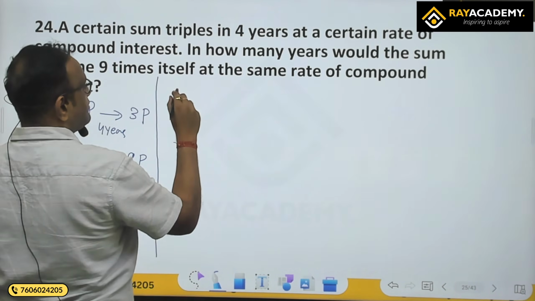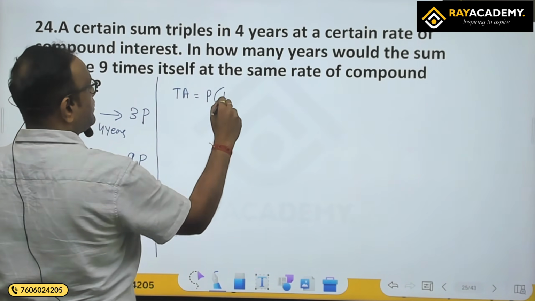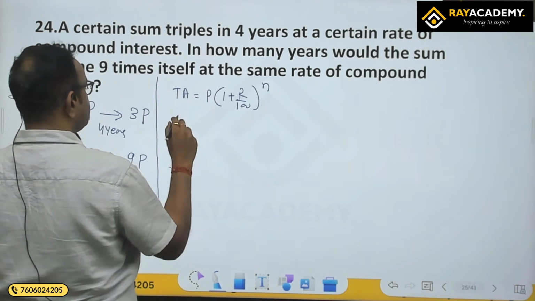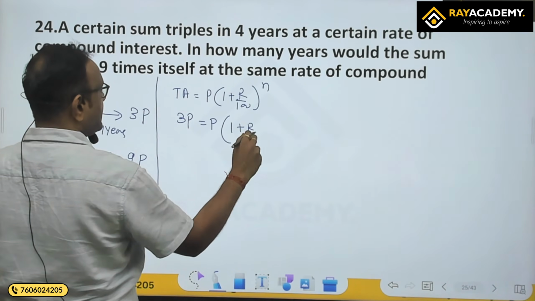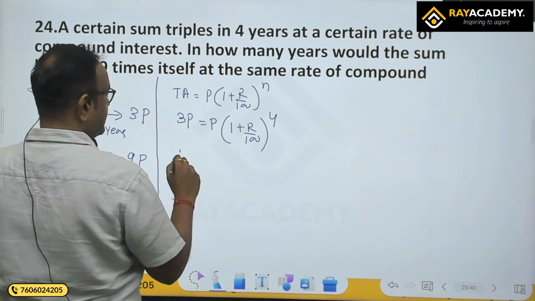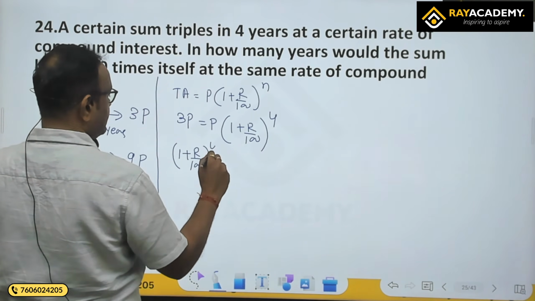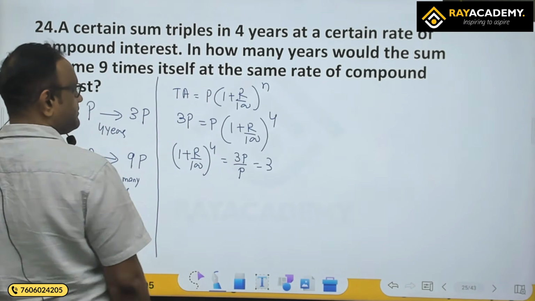Compound interest formula: total amount is P into 1 plus R by 100 to the power n. So you can say 3P equals P multiplied with 1 plus R by 100 to the power 4. So 1 plus R by 100 to the power 4 equals 3P divided by P, that is 3.